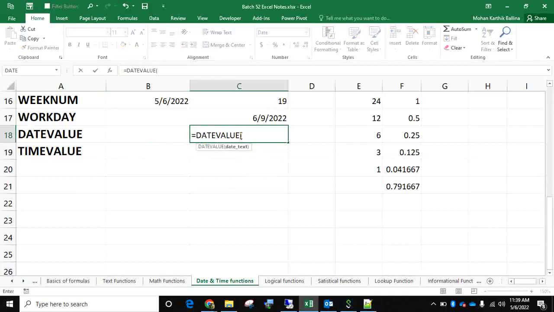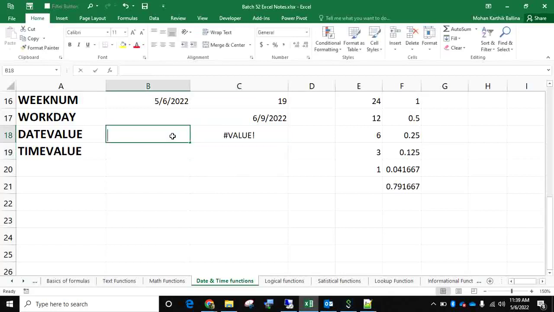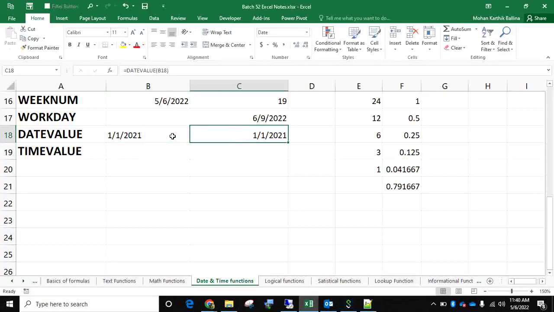Our date is in some text format. So you can retrieve it to your original format. For example, if I put an apostrophe before 1, that would be a text, right? 1/1/2021. Understood? I changed the one in text format into its date value, the actual format. Okay? Similarly, you do it for time also.